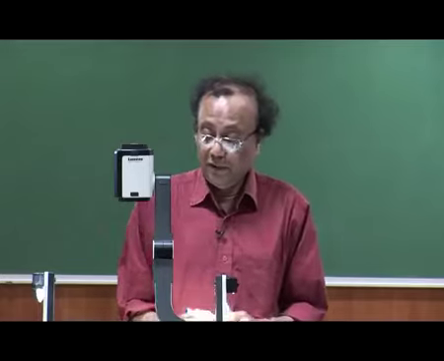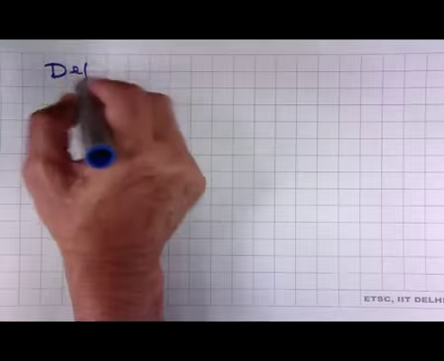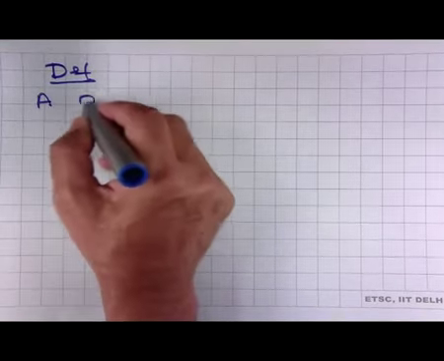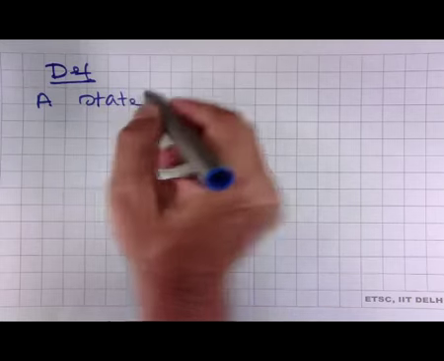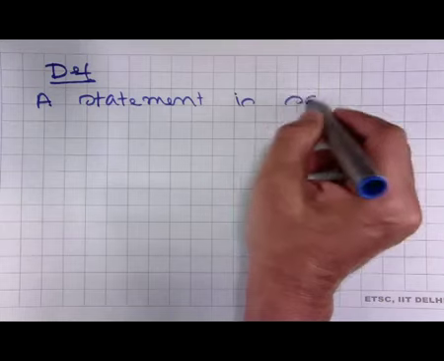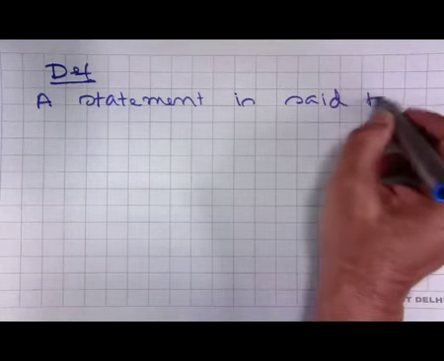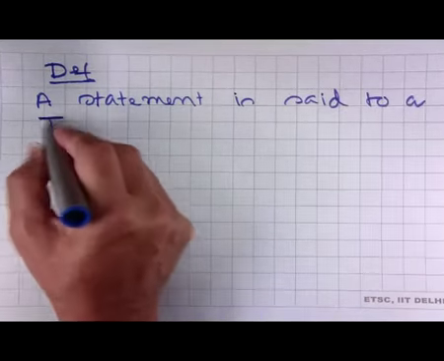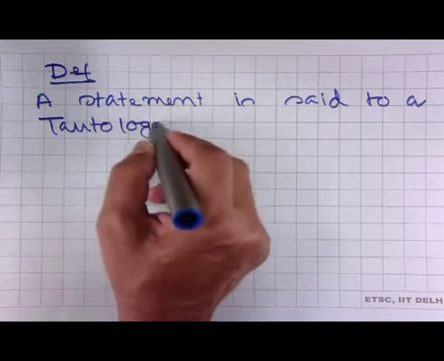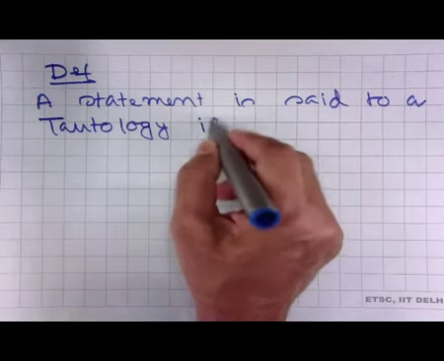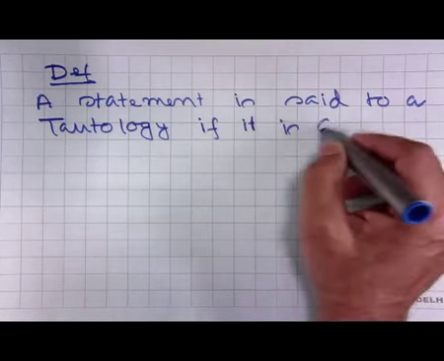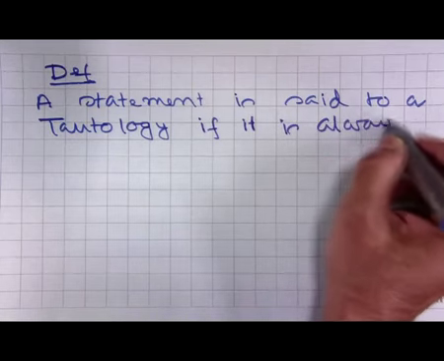Now, I give you two definitions. A statement is said to be a tautology if it is always true.